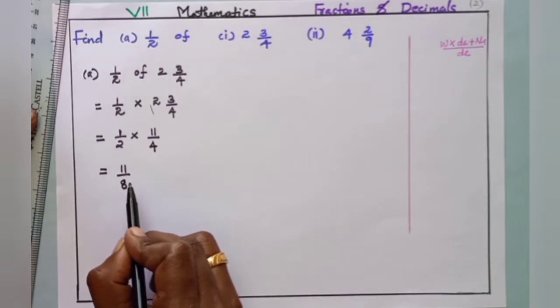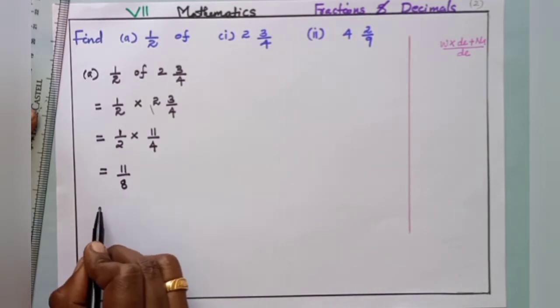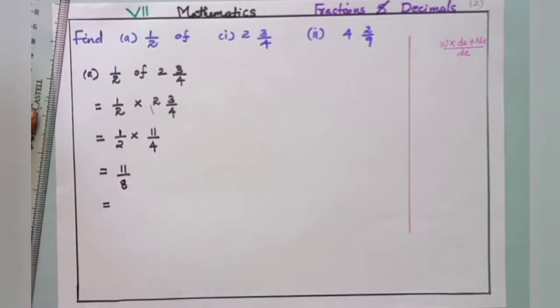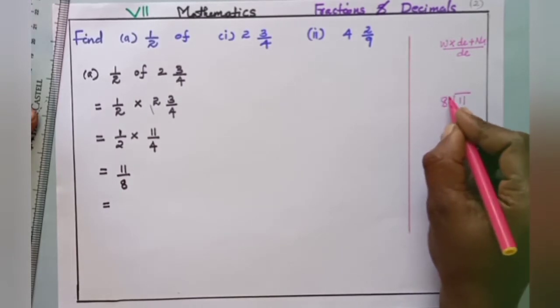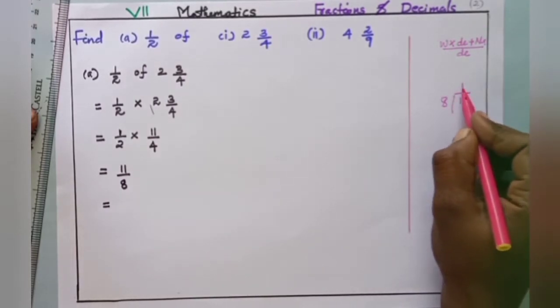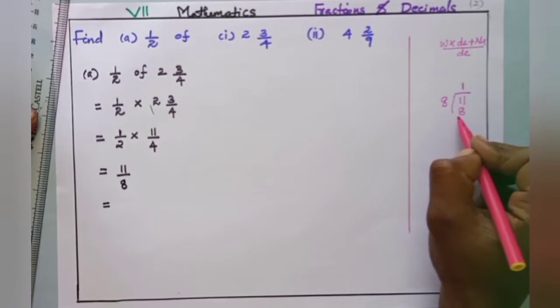If we get the answer as an improper fraction, change into mixed fraction. So 11 divided by 8, how many times? 1 time. 1 8 is 8, balance is 3.